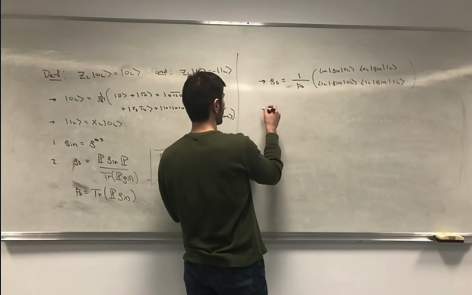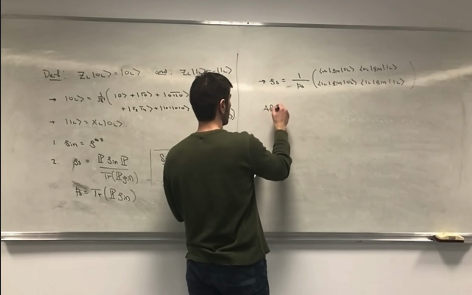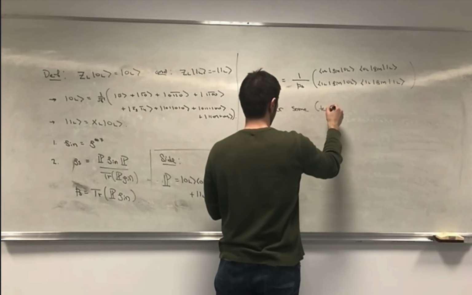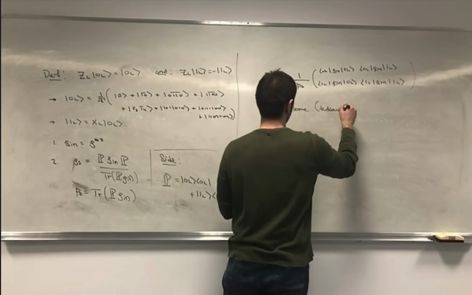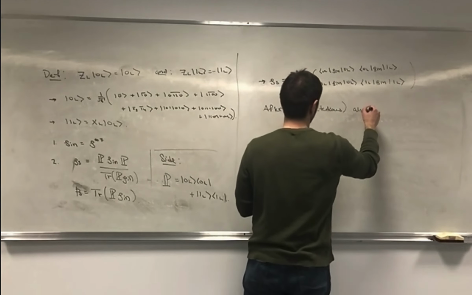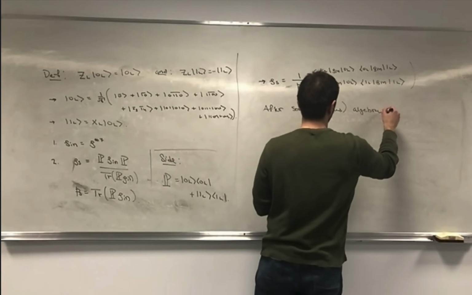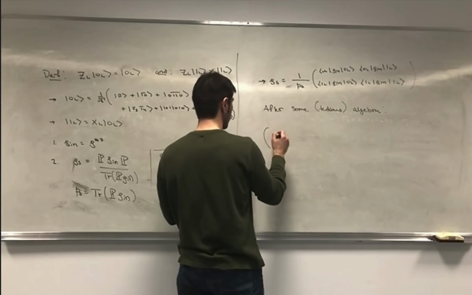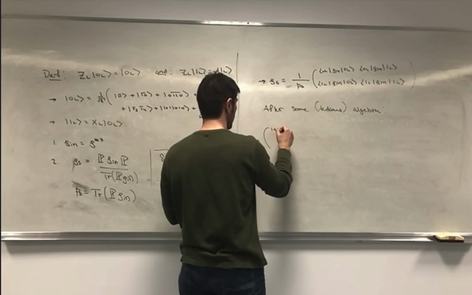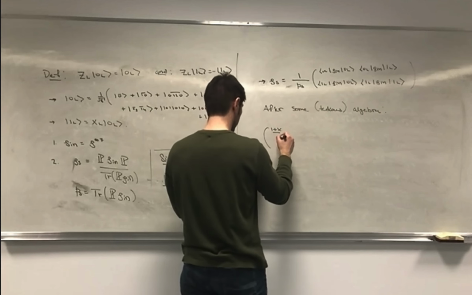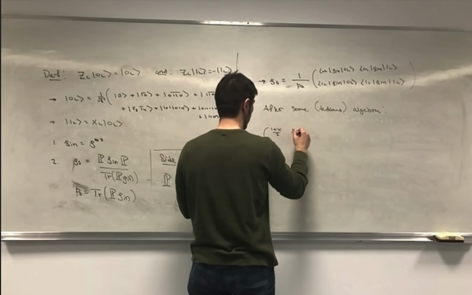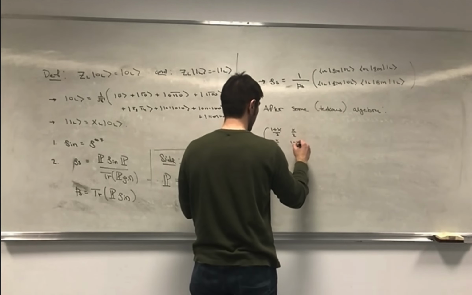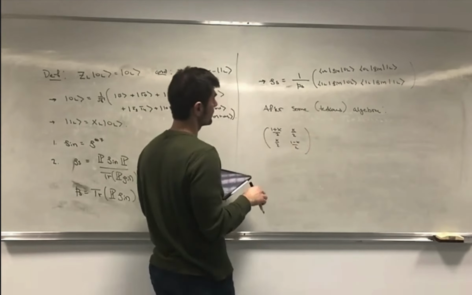Okay, and so here I will do some cheating after some, I must say, tedious algebra. What you have is that you went from an initial state for one resource that looked like 1 plus x over 2, x over 2, x over 2, 1 minus x over 2. What is the tedious algebra?